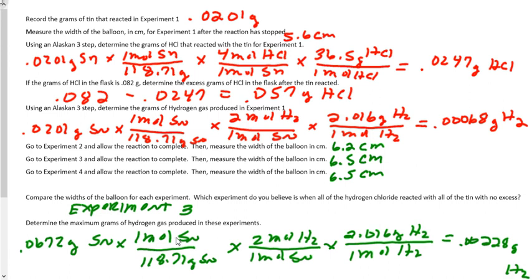And again, I'll multiply it by 1 mole of tin over the atomic mass, or molar mass, of tin. And now I'm going to go to stoichiometry, times 2 moles of hydrogen for 1 mole of tin. And again, these numbers come from the balanced chemical equation. There's a 2 and a 1. And multiply by 2.016 grams of hydrogen for 1 mole of hydrogen gas. And that gets 0.00228 grams of hydrogen gas that is produced.